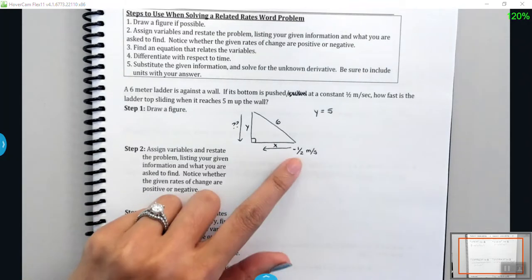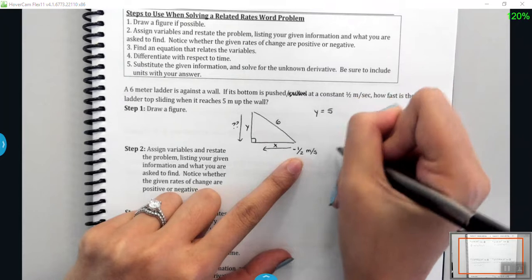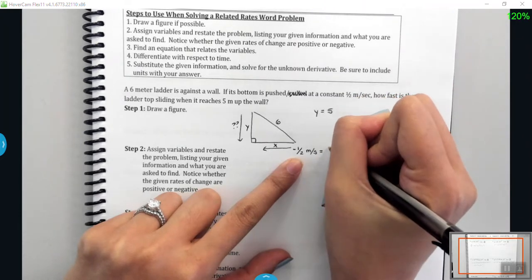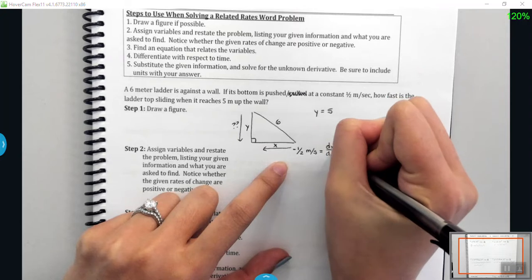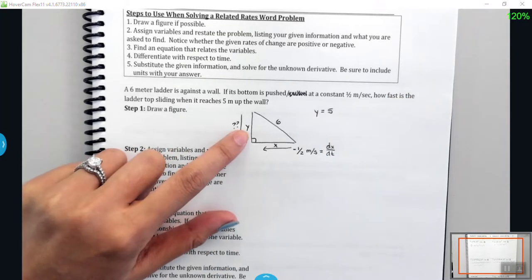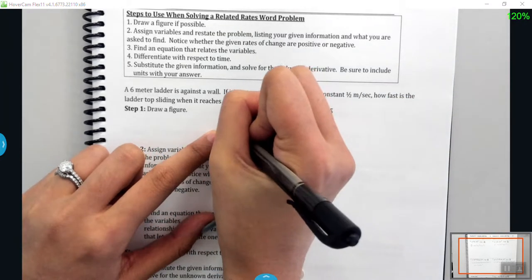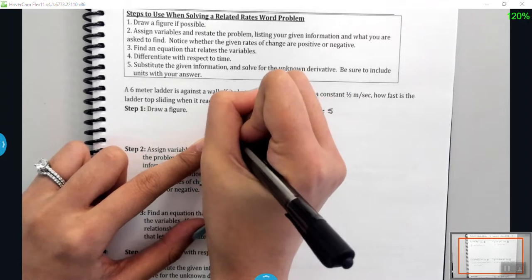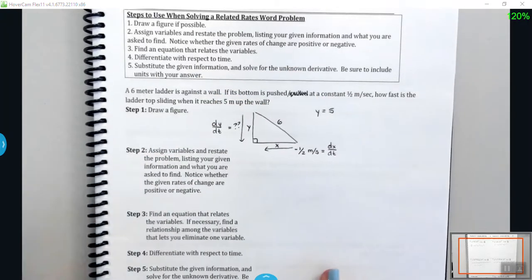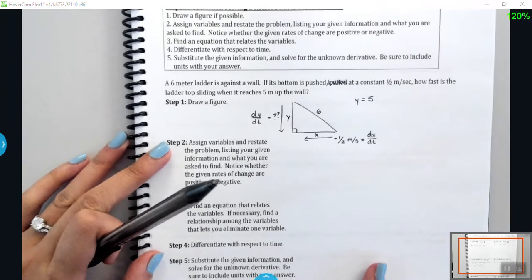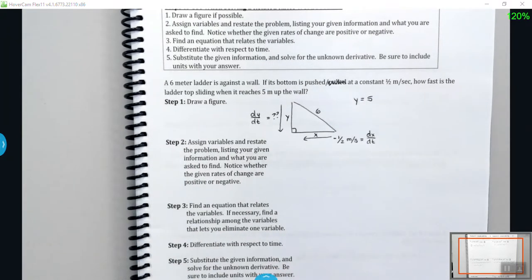Okay, so this 0.5 meters per second is the change in x, so we'll call that dx dt. And what we're trying to find is the change in y, so we're looking for dy dt.